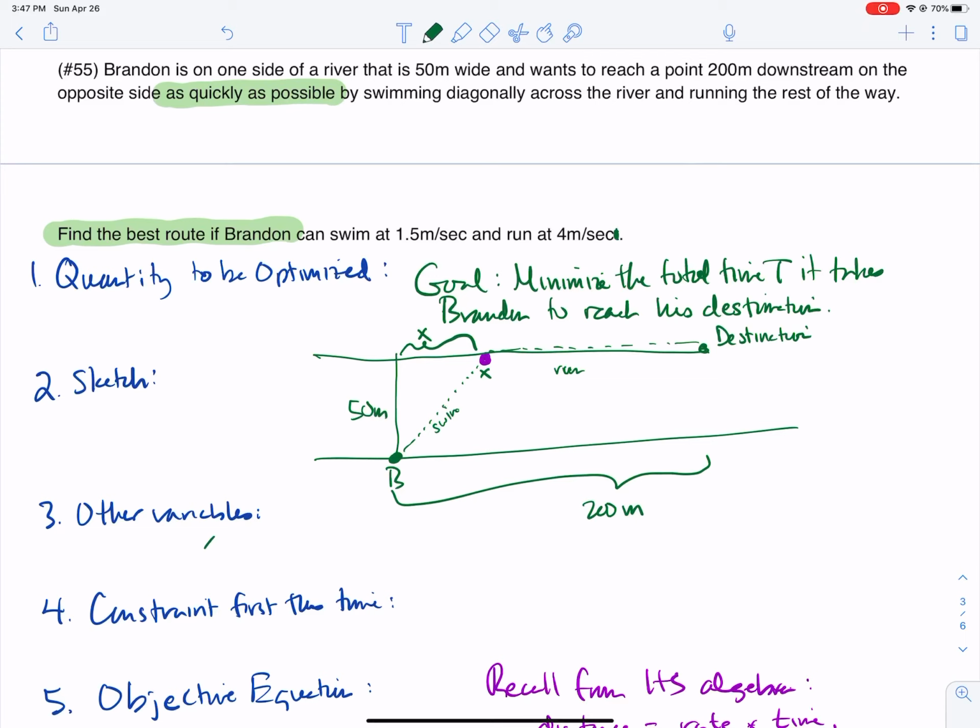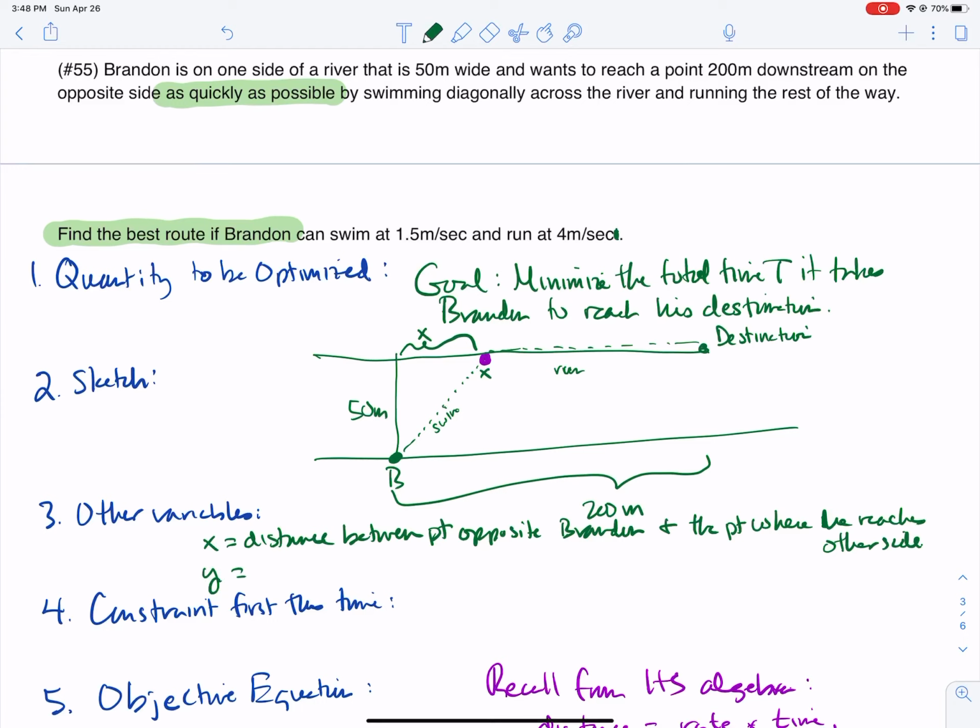The other variable is the distance between the point opposite Brandon and the point where he swims to on the other side. And then the other thing that we have is the distance that he runs. I'll call that y temporarily, and that's going to be this distance right here.